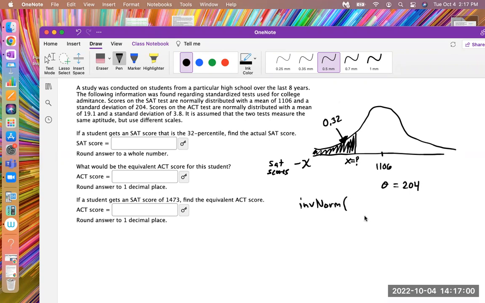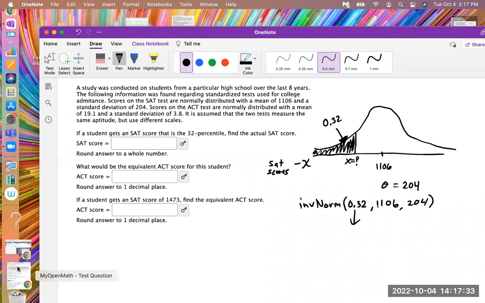This function always wants you to input the area to the left, so that's perfect for us because that's what we were given. Now if we want it to give back the actual SAT score, then we have to put the mean of the SAT scores, which is 1106, and the standard deviation of the SAT scores, which is 204.